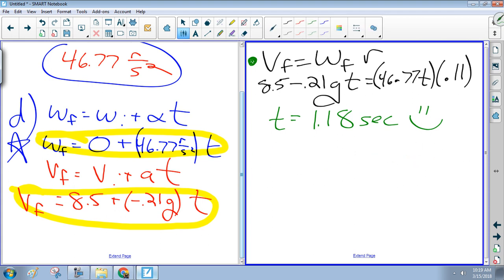All right, so let's see. If we simplify this top thing up here, so 8.5 minus 0.21 times 9.8, which is 2.058, t equals 46.77 times 0.11, which is 5.1447 t.